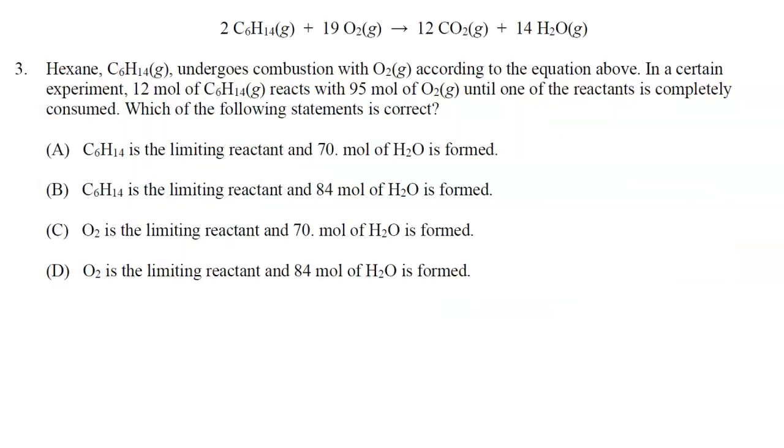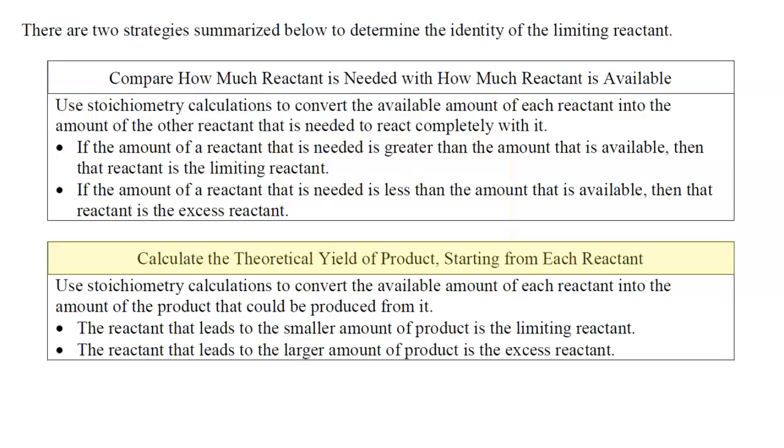If you look at the four choices in question 3, they all feature a limiting reactant as well as how much H2O is formed. So since we're focusing on the theoretical yield of H2O, we're going to use this strategy to calculate the theoretical yield of product starting from each reactant.